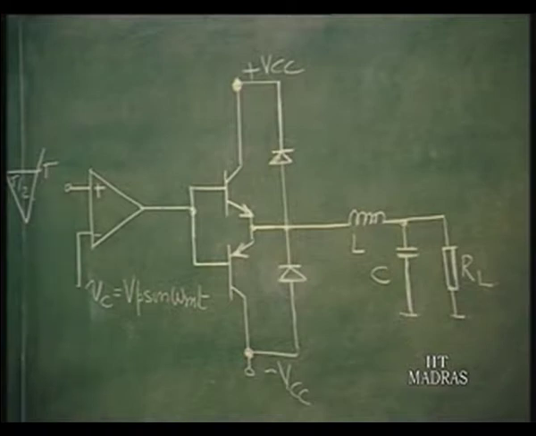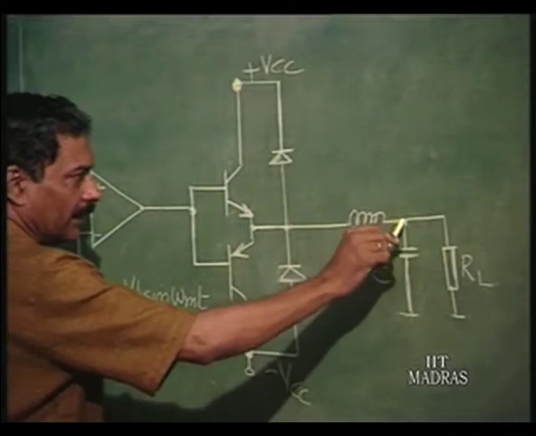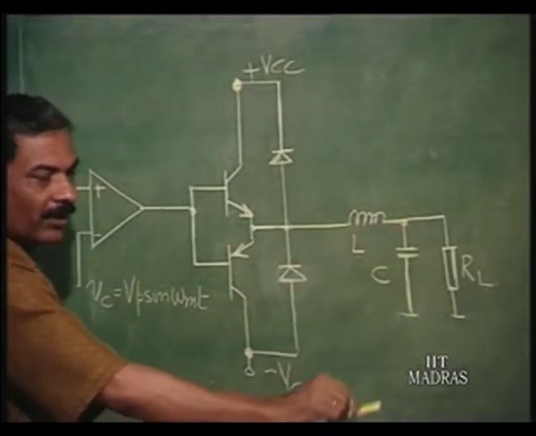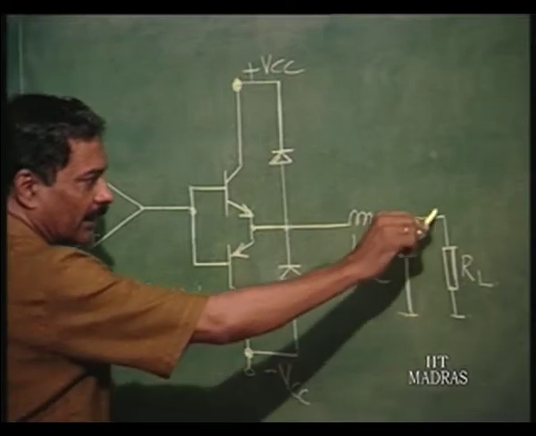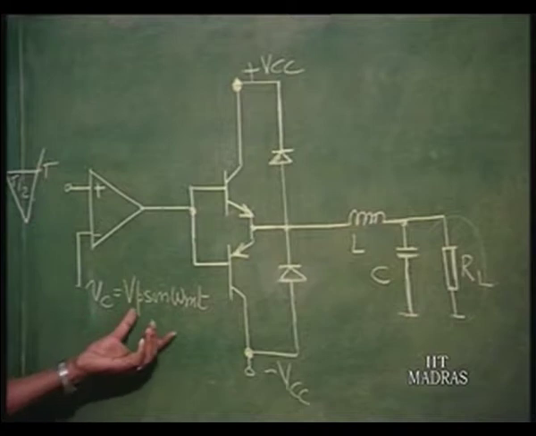So, this circuit along with this low pass filter will get rid of the high frequency component, the clock frequency, and generate power only at the modulating frequency.